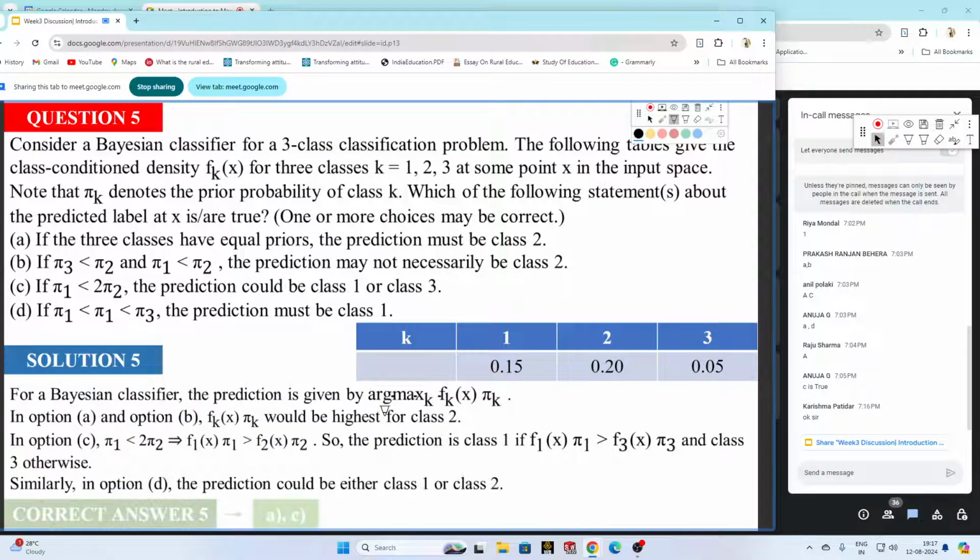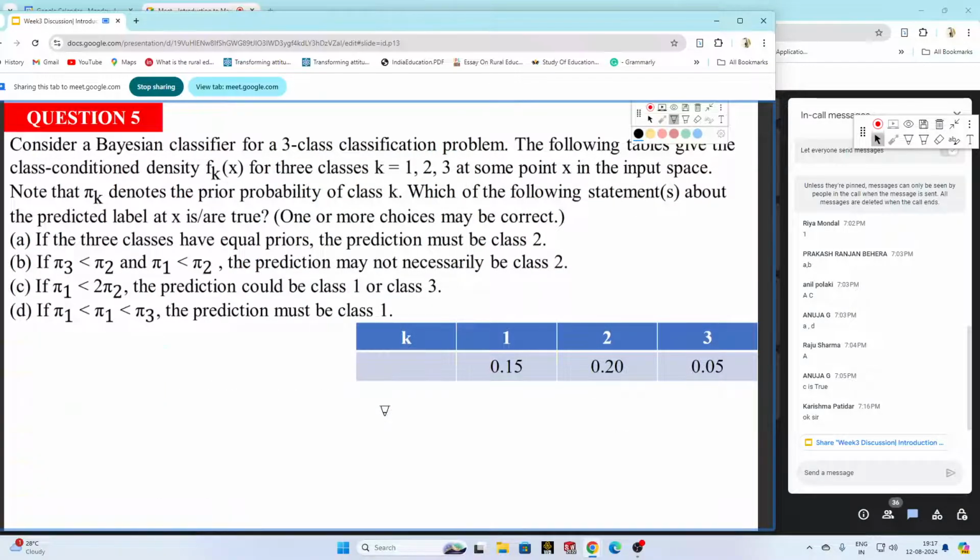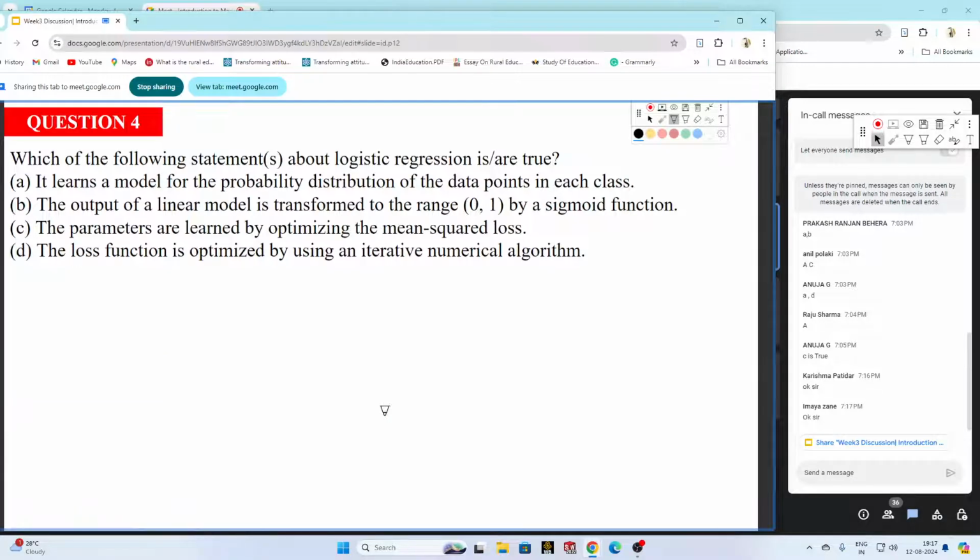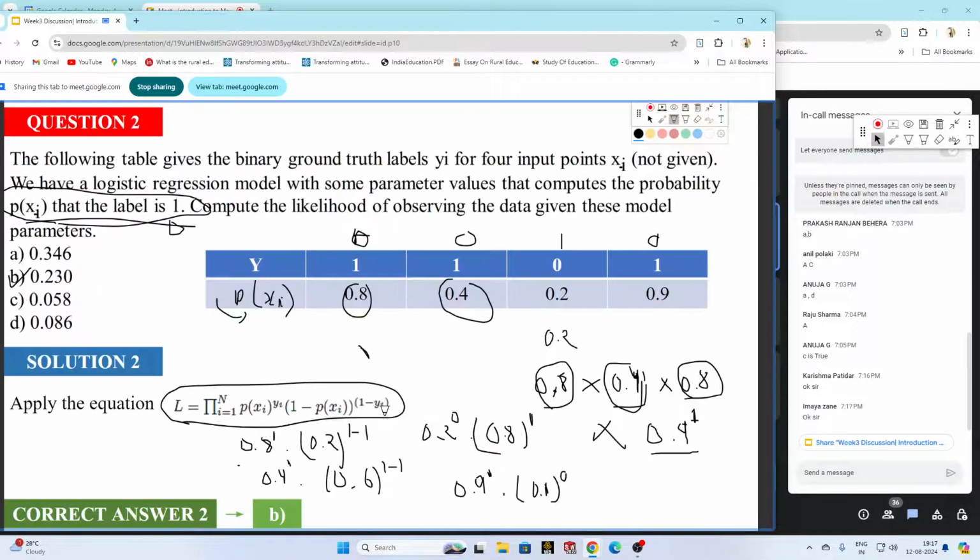One question. In the previous question, the labels were zeros and ones, right? If those are not zeros and ones, then should we do one hot encoding first for logistic regression? Here we have a logistic regression model with some parameter values that computes the probability.